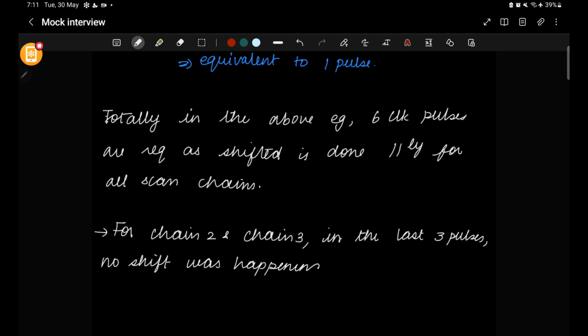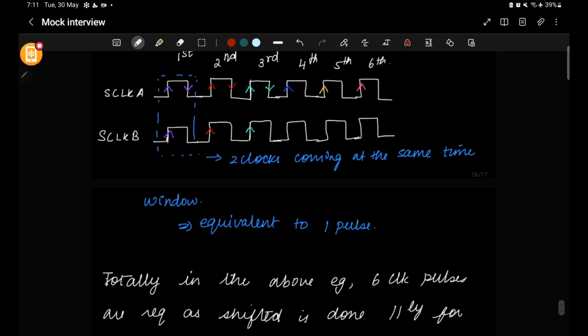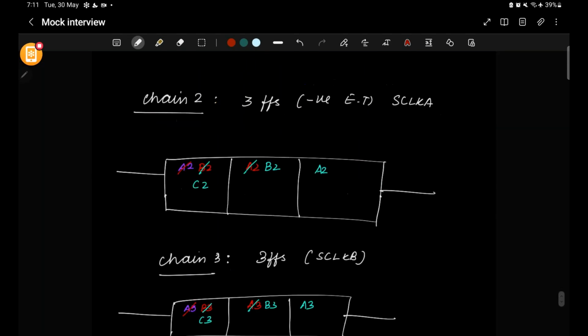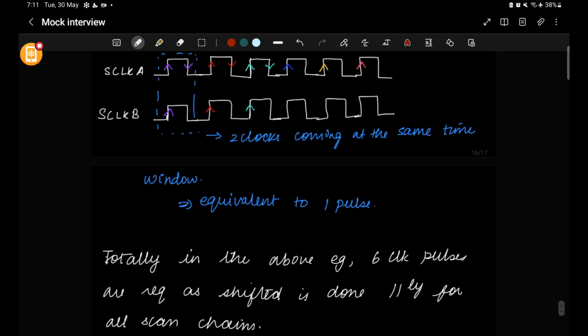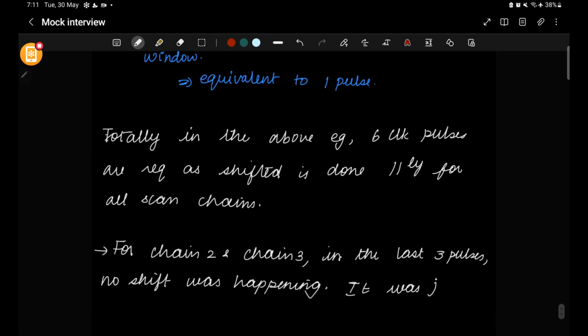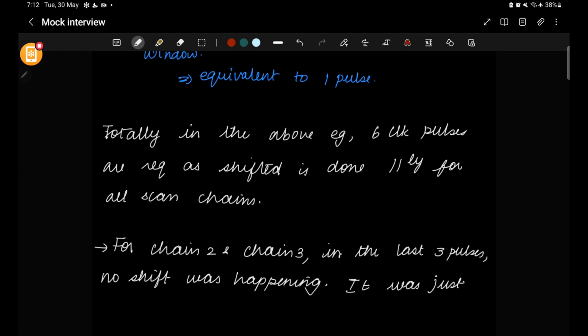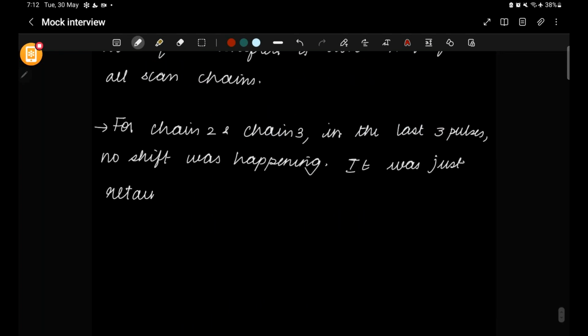So what was happening? It was just retaining its previous data, because the 3-bit data has already got shifted into the scan chains.